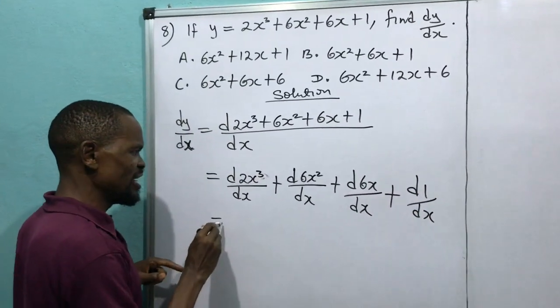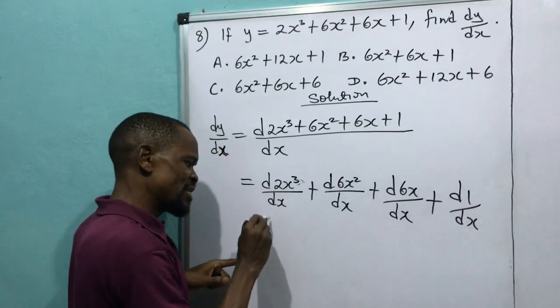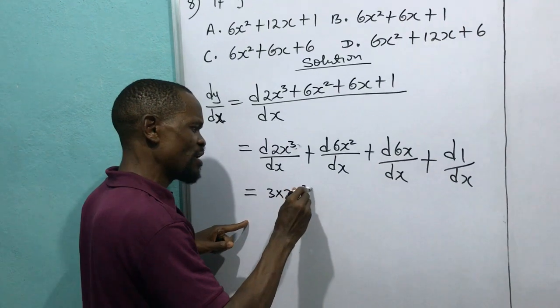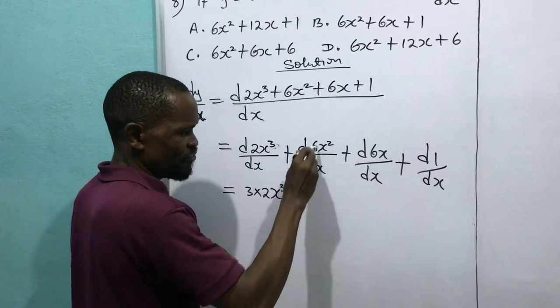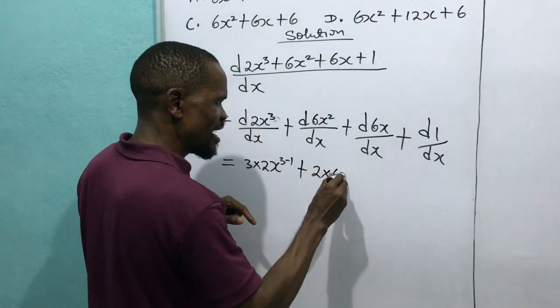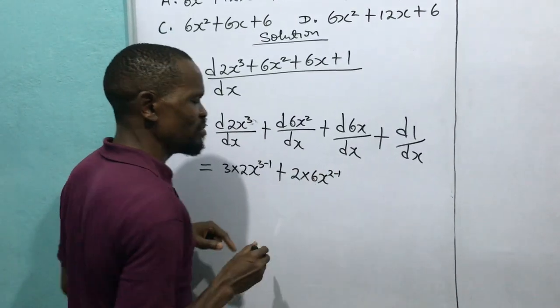Then differentiating this means 3 times 2x raised to the power 3 minus 1, plus differentiating this means 2, the power times 6x, and minus 1 from the power.